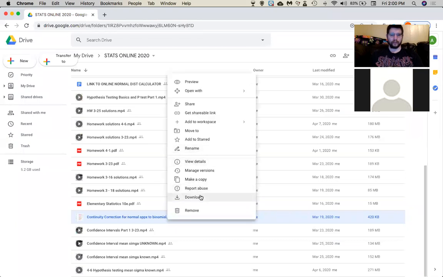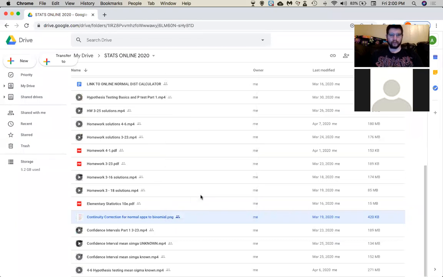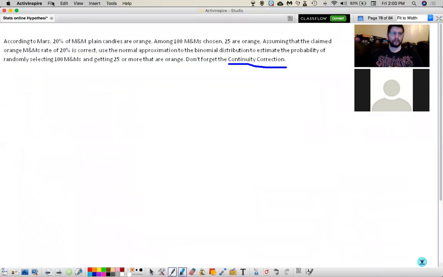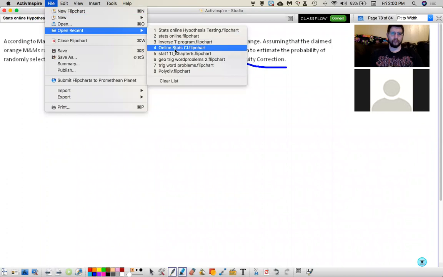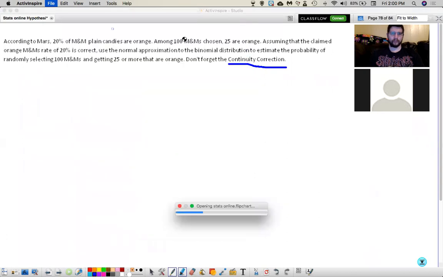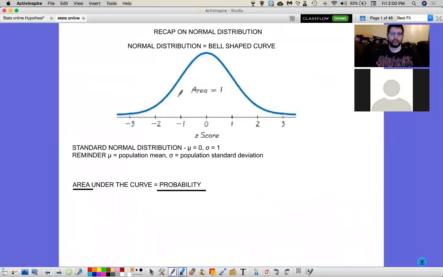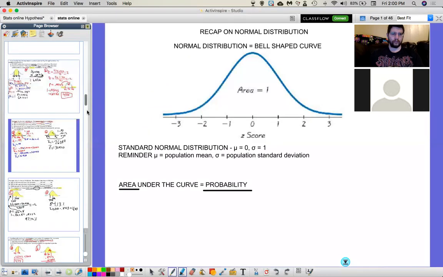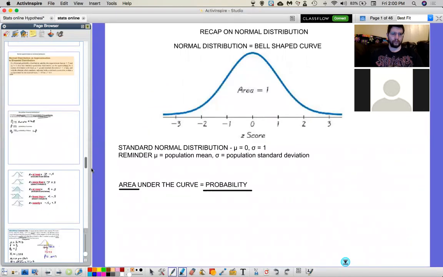We'll get it, one way or another. Let's try this one. There it is.